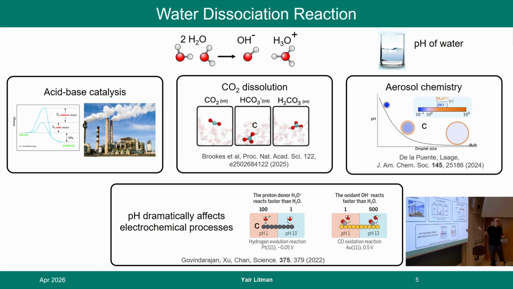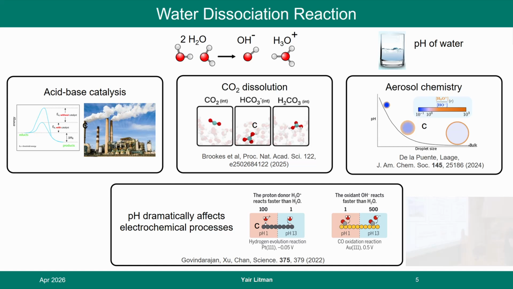But basically, we know that if you change the pH, you change the electrochemical rates by many orders of magnitude. And particularly understanding the pH not in the bulk of the solution, but rather close to these interfaces is still an open question, and a very challenging one.